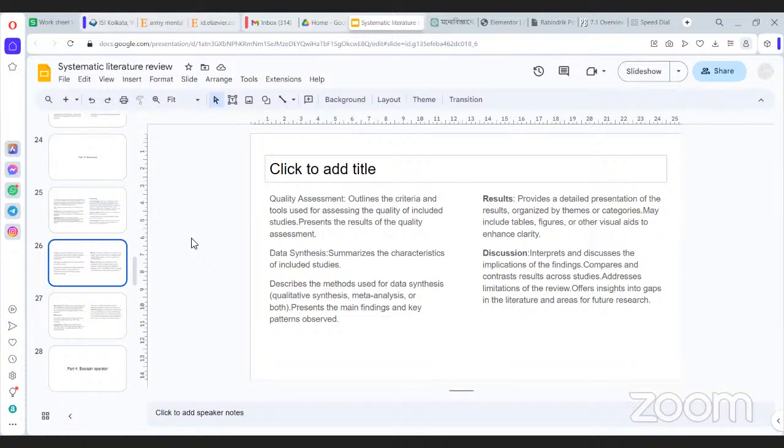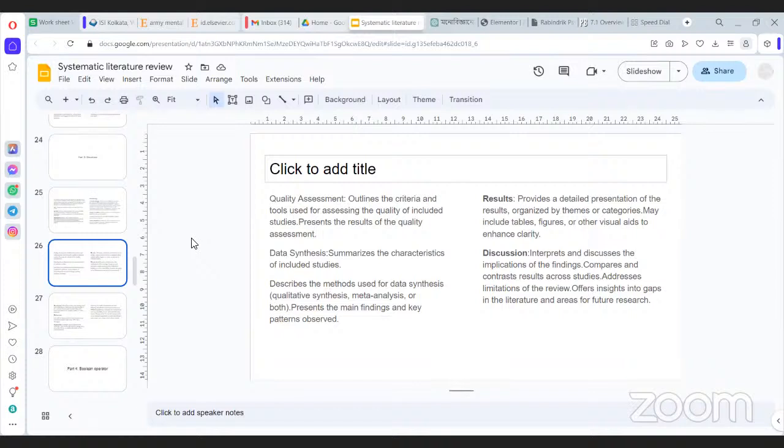Okay, next one. Next is the discussion. It interprets and discusses the implications of the findings, compares and contrasts results across the studies, addresses limitations of the review, offers insight into gaps in the literature and areas for future research. Okay, so this is vital.